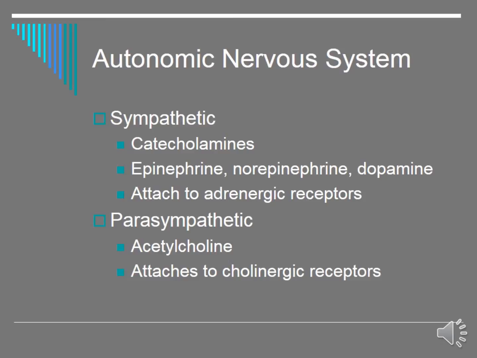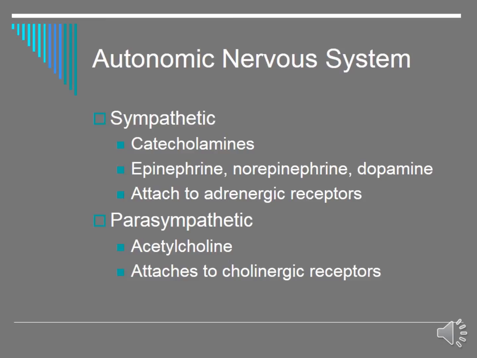Those chemicals from the sympathetic system will only attach to cells that have specific adrenergic receptors. For the parasympathetic nervous system, the main neurochemical released as a response from parasympathetic activation is acetylcholine.